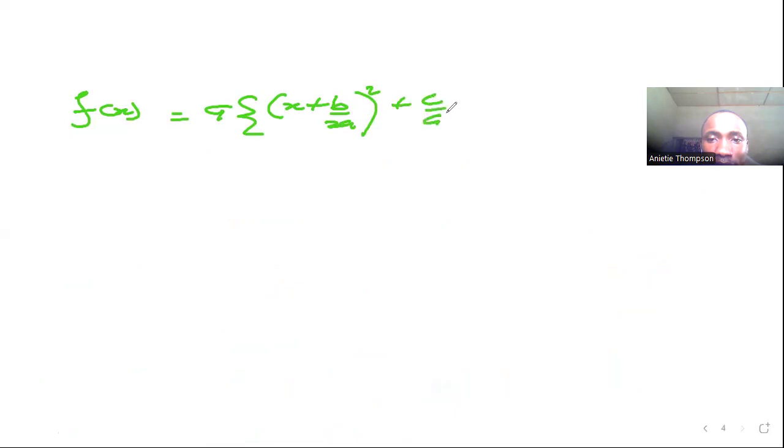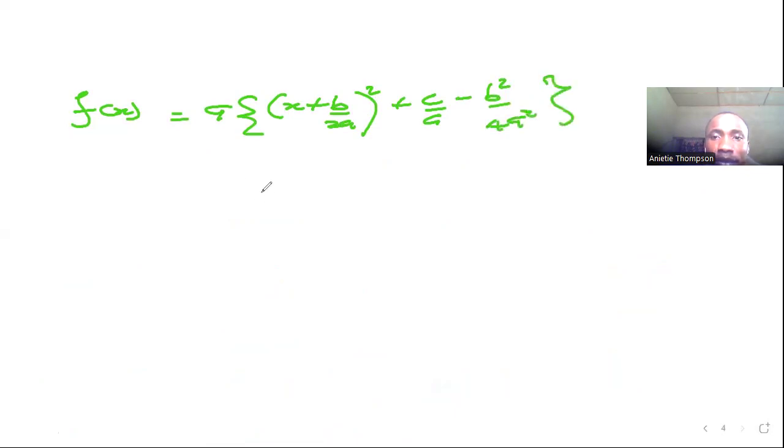Okay, so now we have that our f of x equals a bracket open x plus b over 2a all squared plus c over a minus b squared over 4a squared.